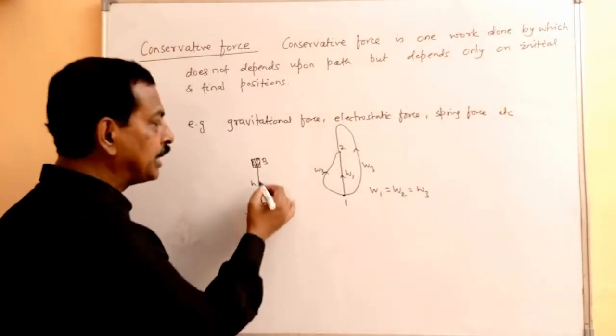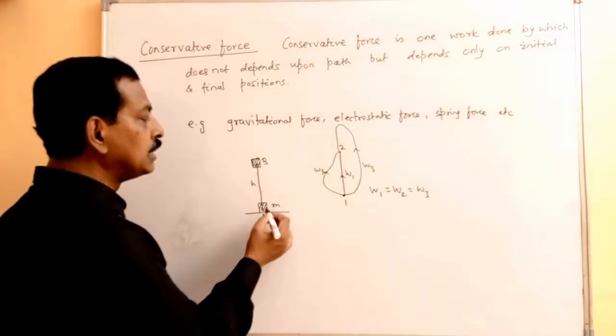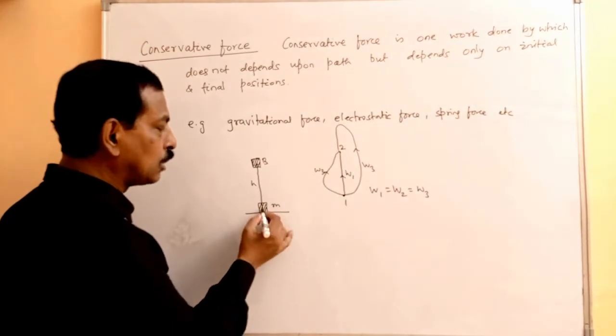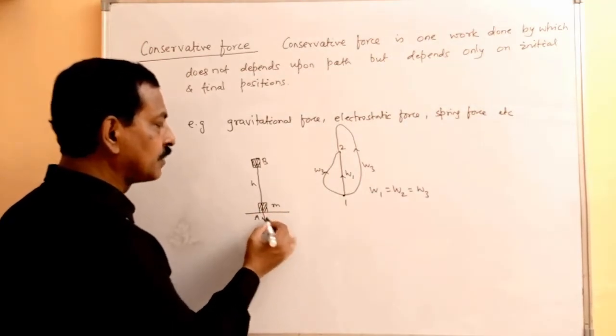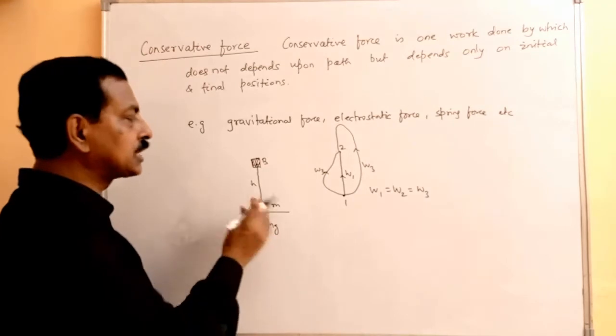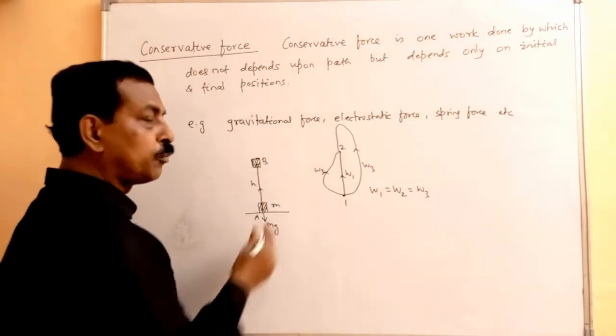Where is the weight acting? Weight acts vertically downward, so mg is acting downward while h is upward.